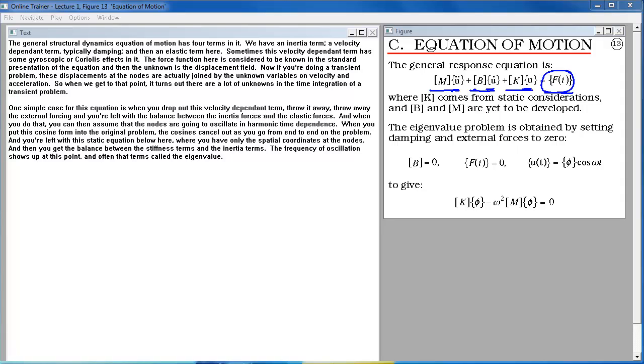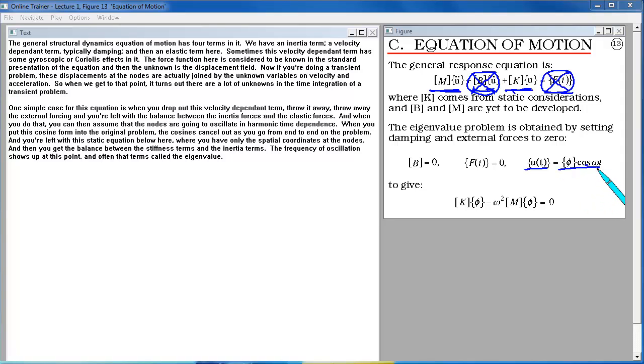One simple case for this equation is when you drop out this velocity-dependent term, throw away the external forcing, and you're left with a balance between the inertia forces and the elastic forces. And when you do that, you can then assume that the nodes are going to oscillate in a harmonic time dependence.